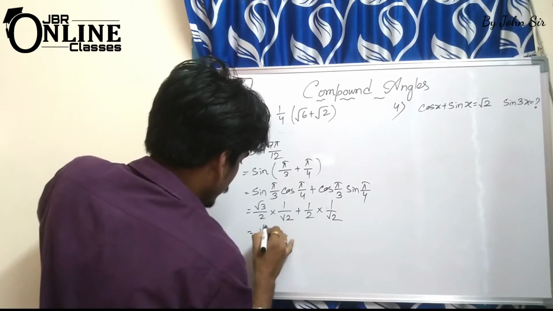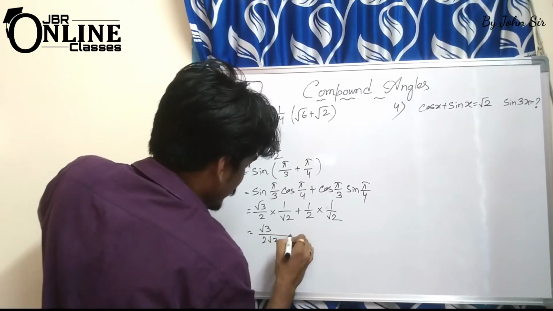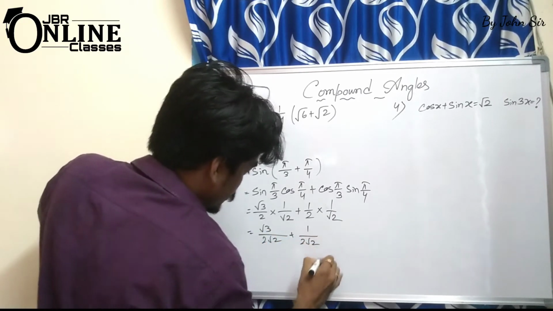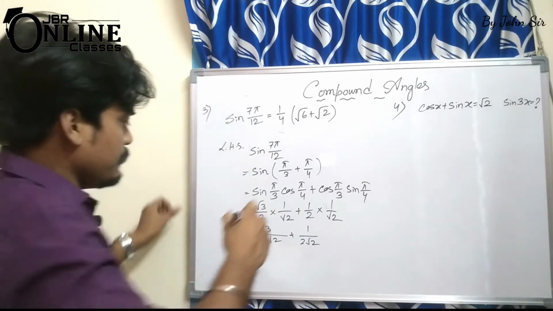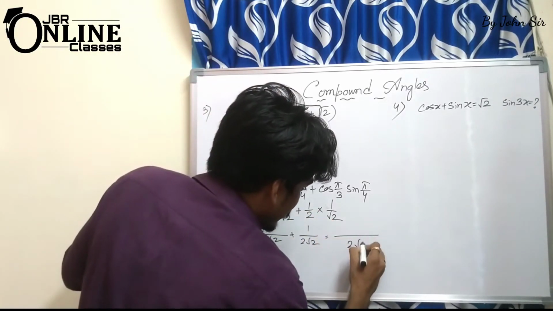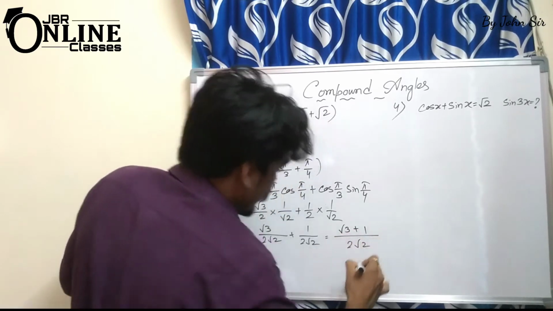So finally the value will be root 3 by 2 root 2, and here 1 by 2 root 2. Okay, so if 2 root 2 is the LCM, then it's root 3 plus 1.